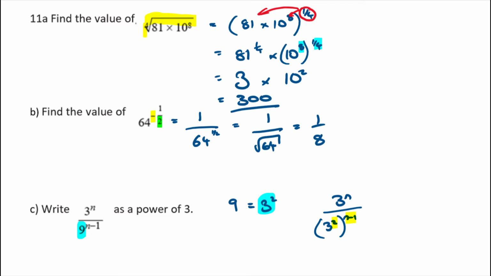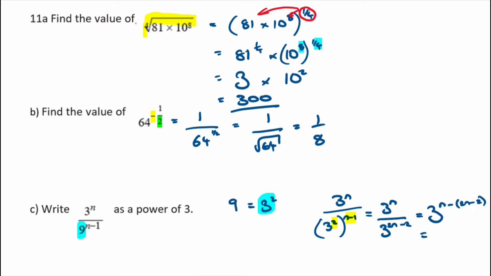So then that is equal to 3 to the n divided by 3 to the 2n minus 2, because 2 lots of n minus 1 is 2n minus 2. Okay? And then when I divide numbers with the same base, I'm subtracting the indices. So that is the same thing as 3 to the power of n minus (2n minus 2).